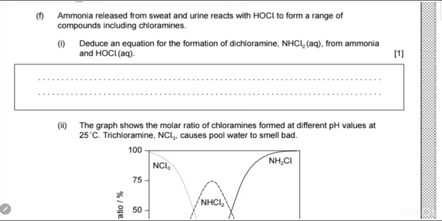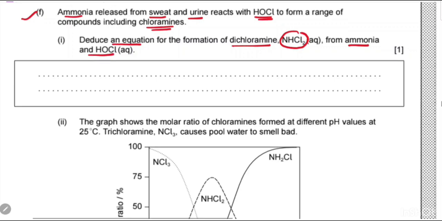Now this is question F, which says ammonia released from sweat and urine reacts with HOCl to form a range of compounds including chloramines. Deduce an equation for the formation of dichloramine, which is NHCl2, from ammonia and HOCl aqueous. We have to write an equation for this question.